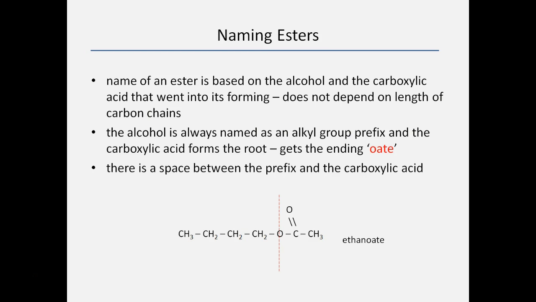So it's an ethanoate. The other side, even though it's a longer chain, doesn't have the carbonyl group, so I know it came from the alcohol. It's named in a prefix, and it's a butyl. When I put their names together, it's butyl ethanoate. This is the only time that we ever have a space between my prefix and my root.